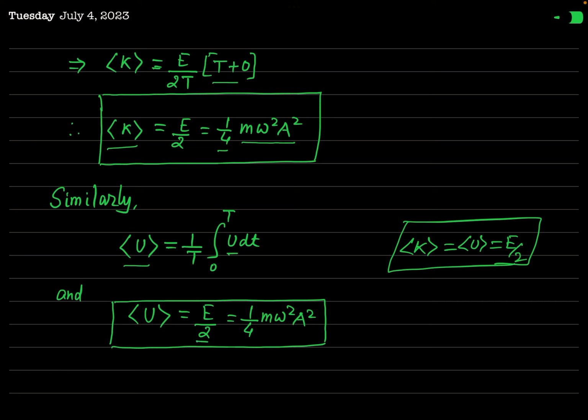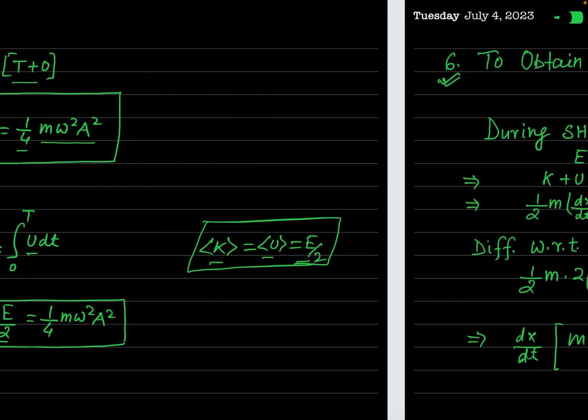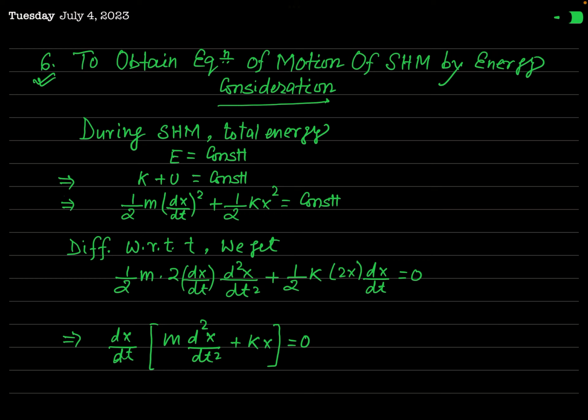So during simple harmonic motion, the average value of kinetic energy and the average value of potential energy in an interval equal to the time period is simply equal to half of the total energy of the oscillator. Okay? So this is a very important fact, and you should remember it for solving your objective questions.